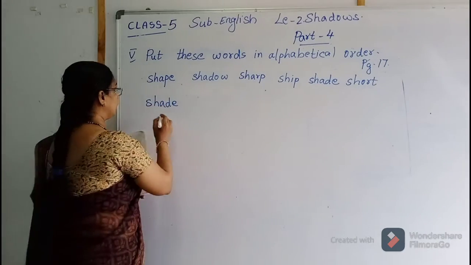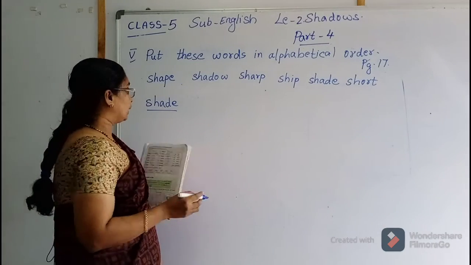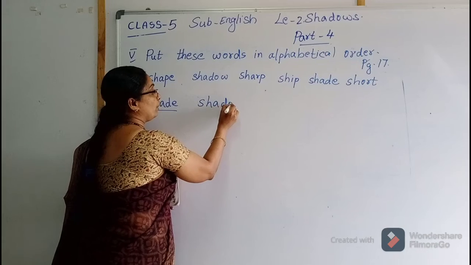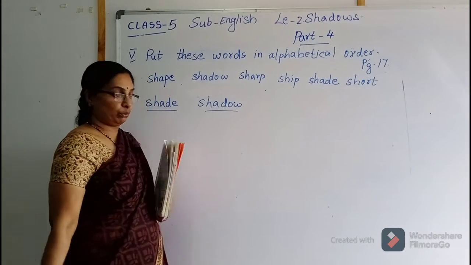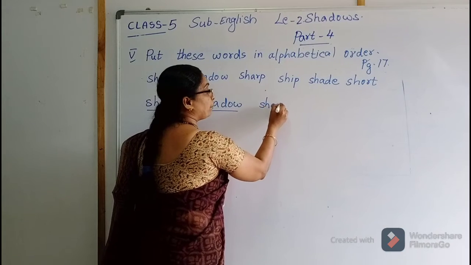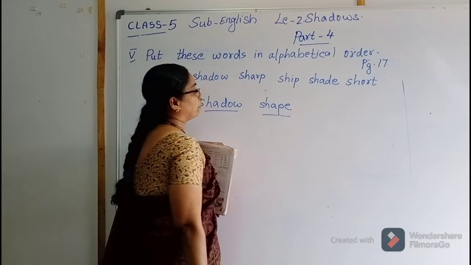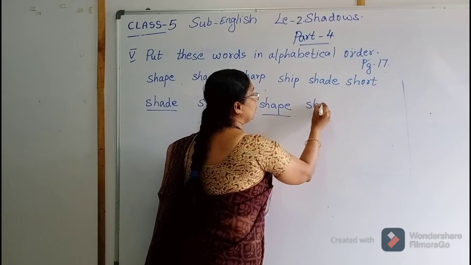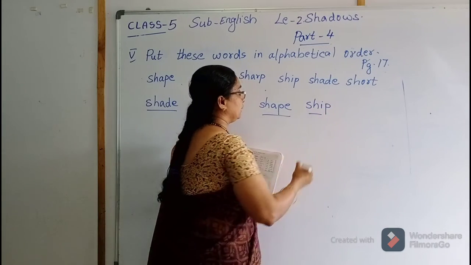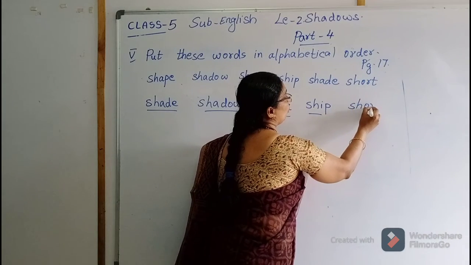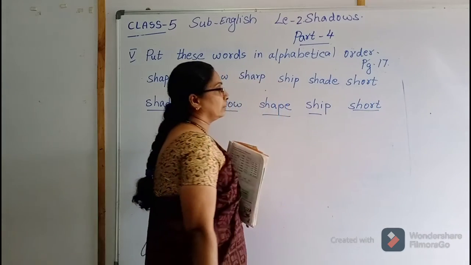So first word is shade. Then next shadow, S-H-A-D-O-W, shadow. Then next S-H-A-P-E, shape. Then next we finished, then we are going to I, S-H-I-P, ship and S-H-O-R-T, short.